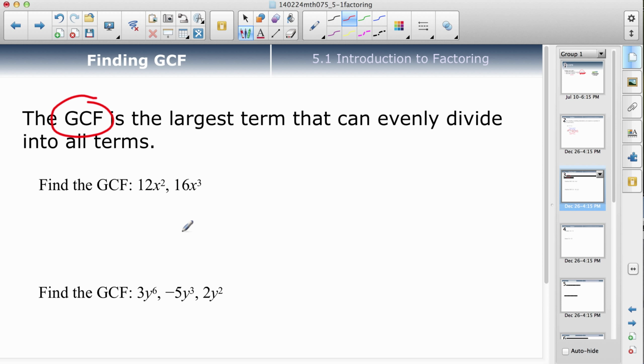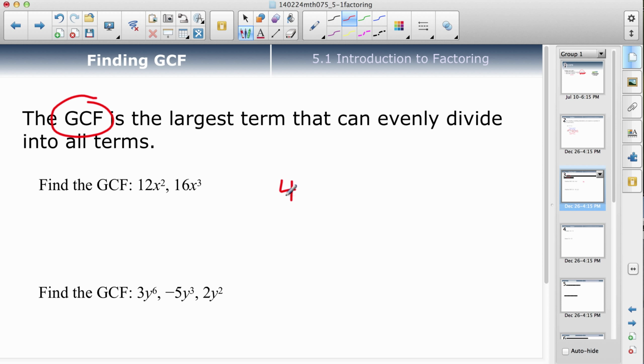Again, we're not looking for a denominator. It's the largest number that will divide evenly. Like 12, well, 12 won't go into 16, so I can't use that. How about 6? 6 won't go into 16. 16 has 8, but 8 won't go into 12. 4. 4 is probably the largest number that'll divide evenly into both of those.